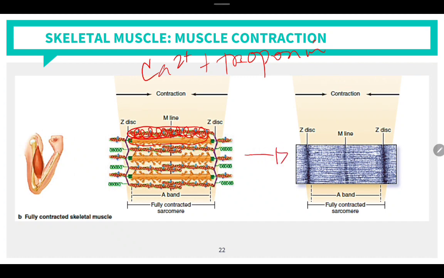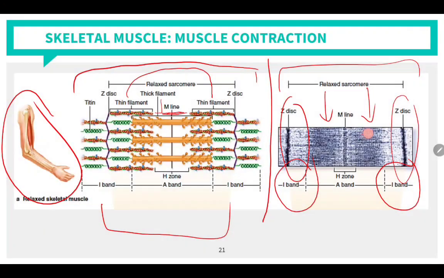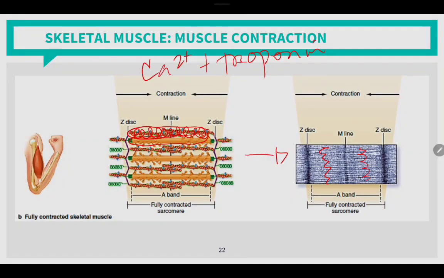Under the electron microscope, this is what it looks like. Can you appreciate that our A band is no longer very dark? It is because it is now undergoing contraction. Compare this with the darker one earlier. Here, it is no longer dark.